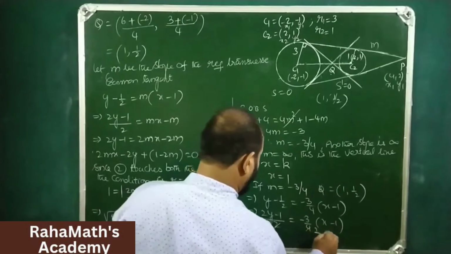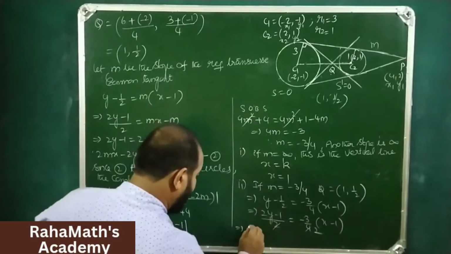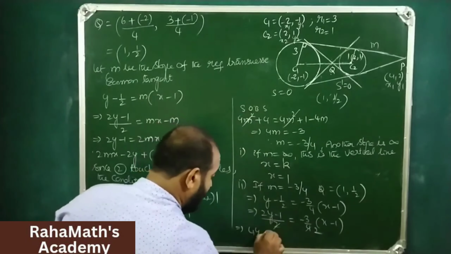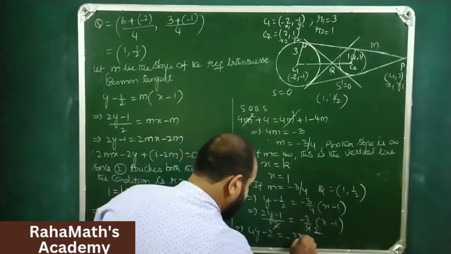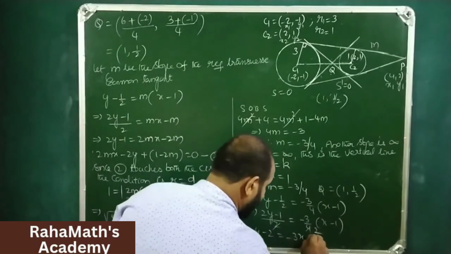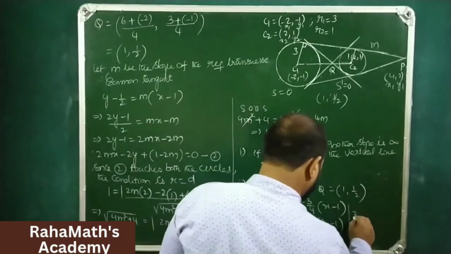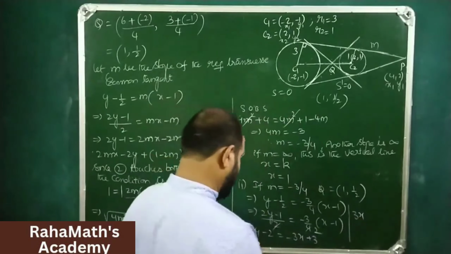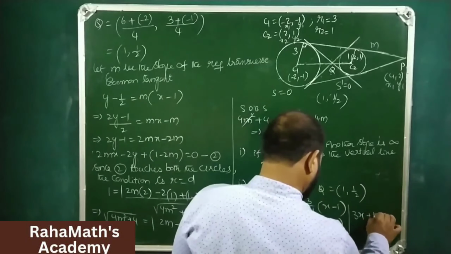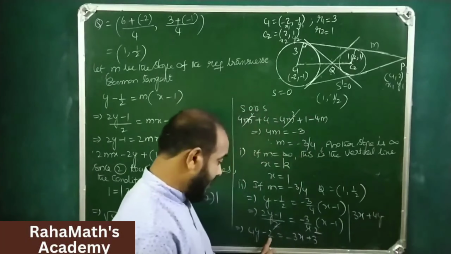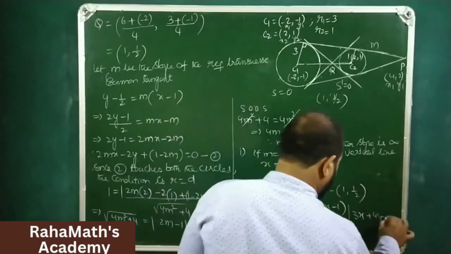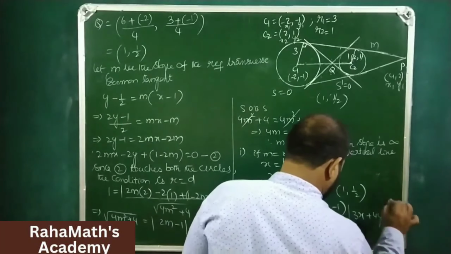So 2 2s are 4, 4y minus 2 is equal to minus 3x plus 3. Therefore, what is the line equation? 3x plus 4y, minus 2 minus 3 is minus 5, equals 0.